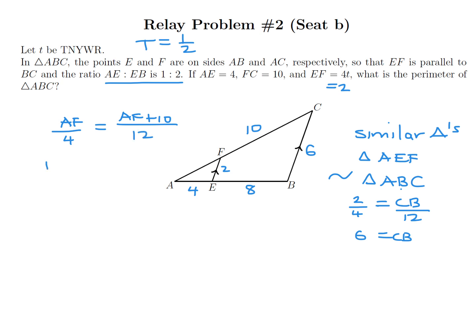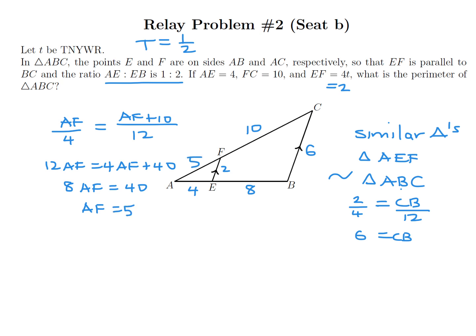Okay, so that means 12AF is equal to 4AF plus 40, and therefore 8AF is equal to 40, and therefore AF is equal to 5.